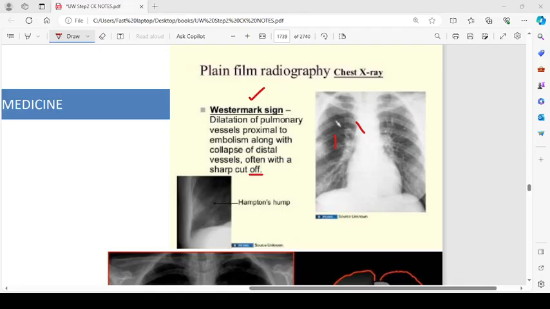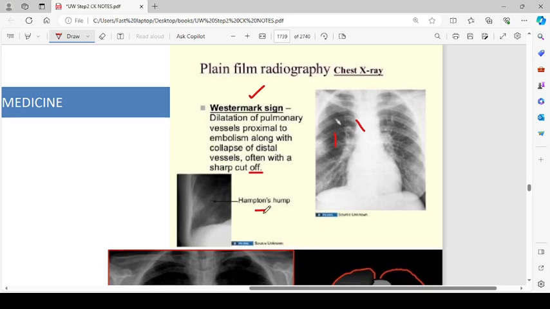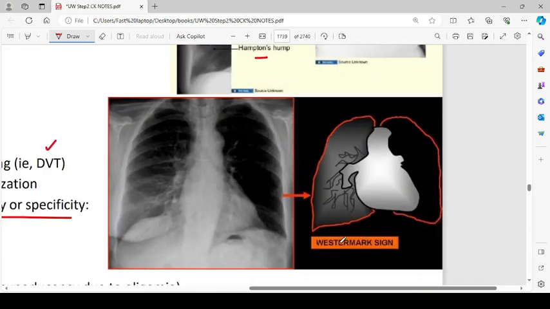Coming back to our discussion, the Westmark sign is dilation of the pulmonary vessels proximal to the embolism along with the collapse of distal vessels, often with a sharp cutoff, and we can also find a Hampton's hump. This is Westmark sign. Like the proximal vessels are dilated and distal there is a cutoff. But this is a good picture, by the way. I think this is Westmark sign.